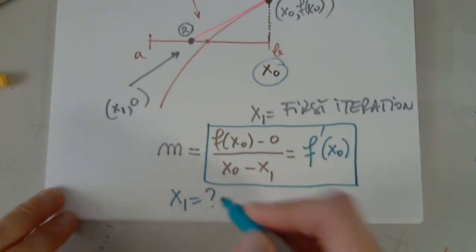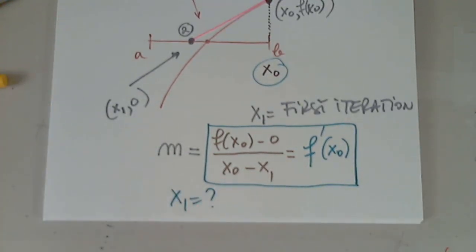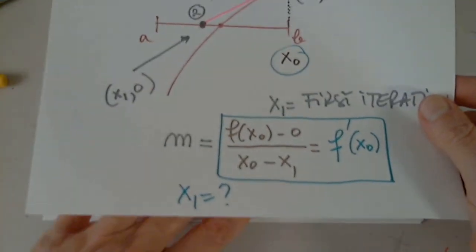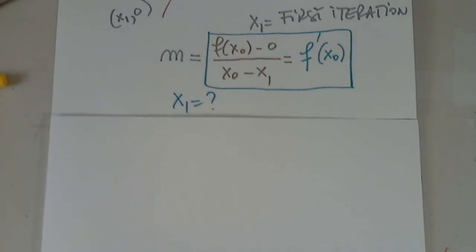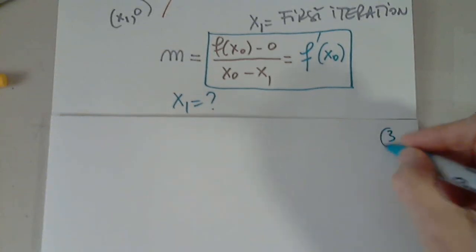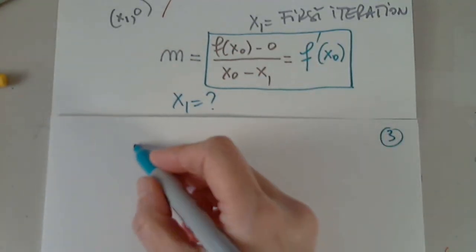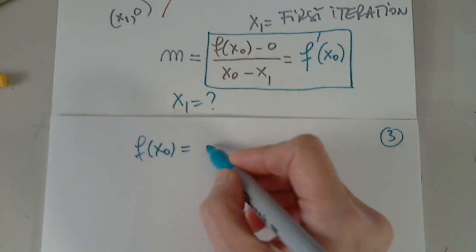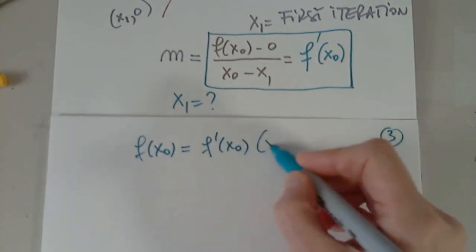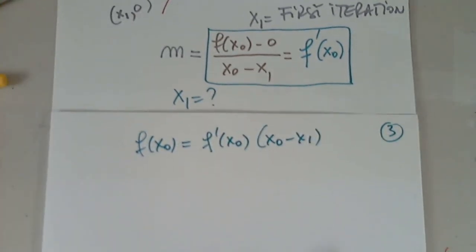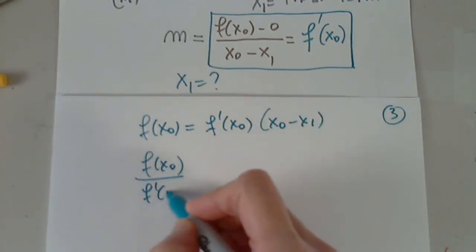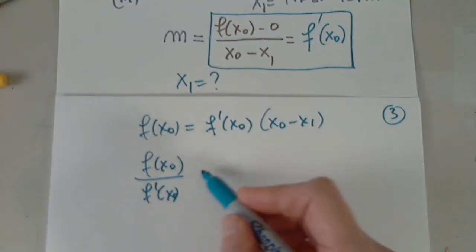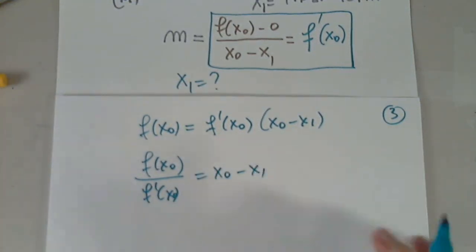Exactly. X sub 1 is my target because x sub 1 is a much better approximation of the actual root, or x-intercept, or zero of the function than x sub 0 is. Perfect. Thank you. I'll cross multiply. So I have f of x0 equals f prime of x0 times x0 minus x1. I will divide by f prime: f of x0 over f prime of x sub 0 equals x0 minus x1.